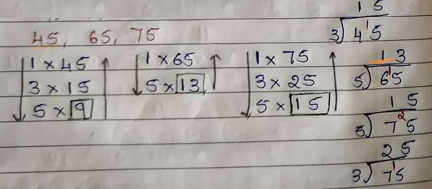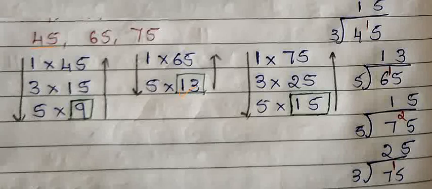It forms the number 15. 5 3s are 15. 15 minus 15 is 0. We got the quotient as this number 13. Now that only I wrote here, number 13.